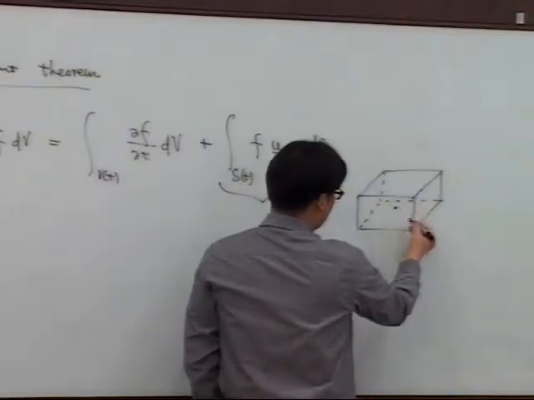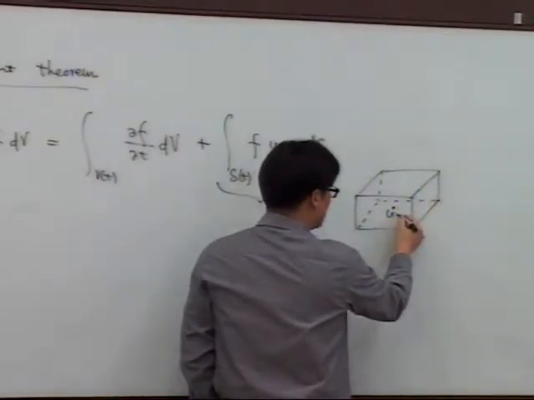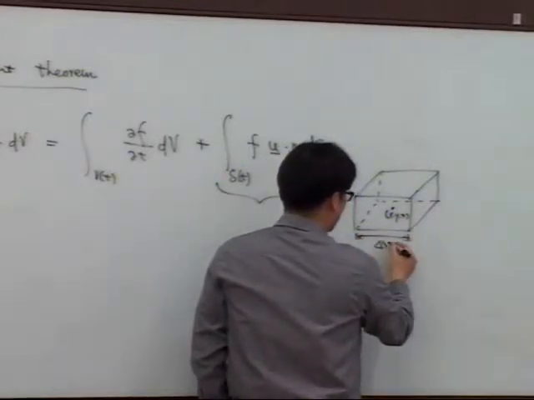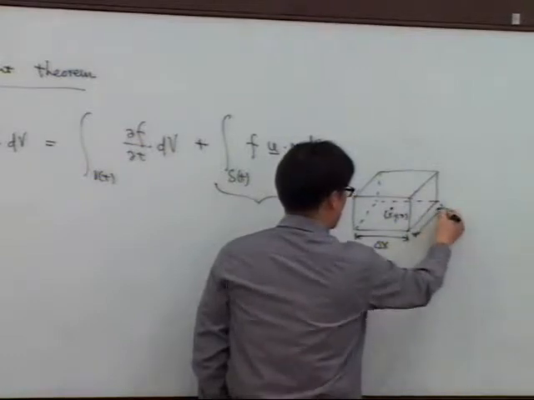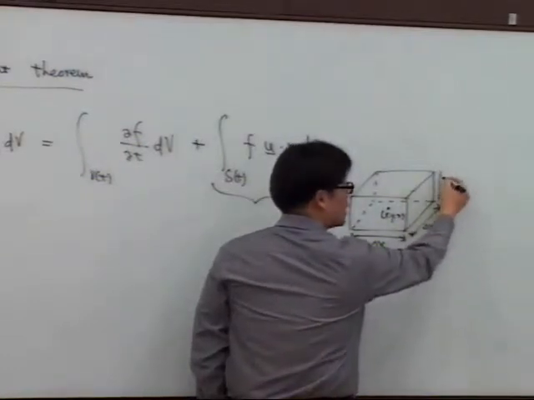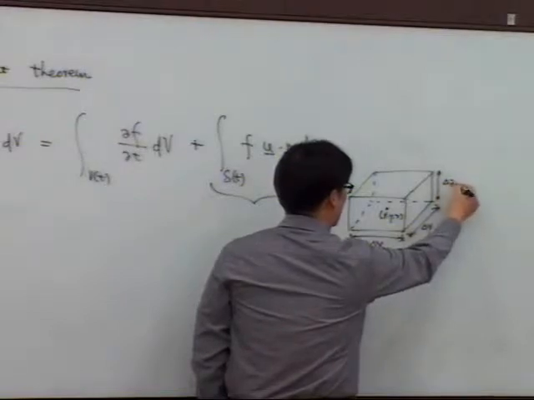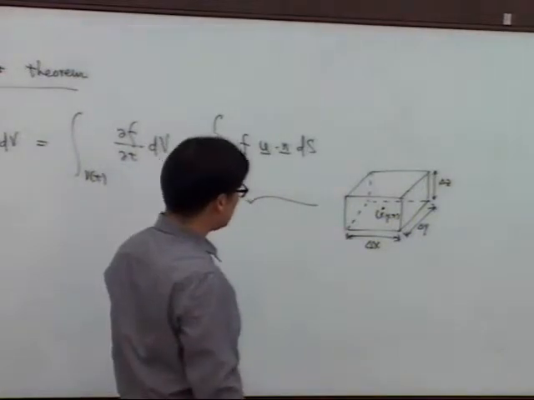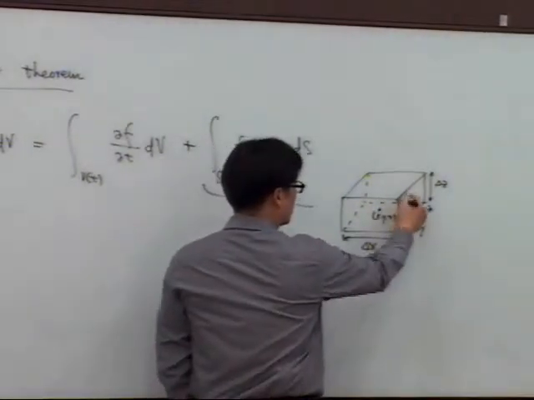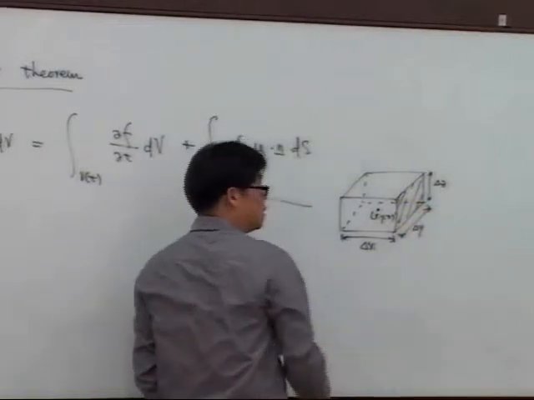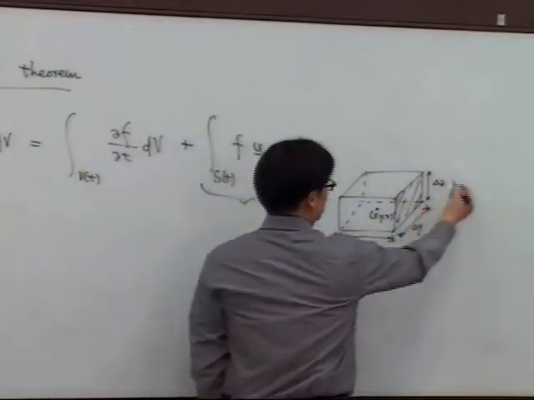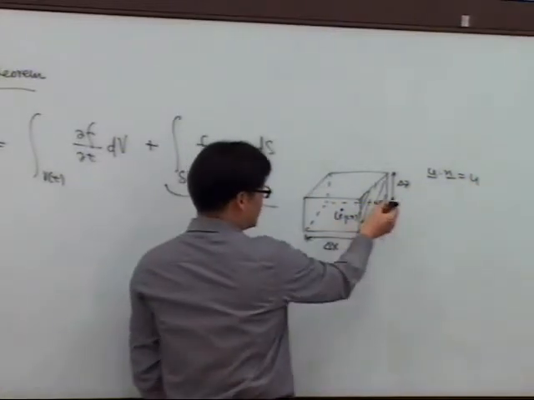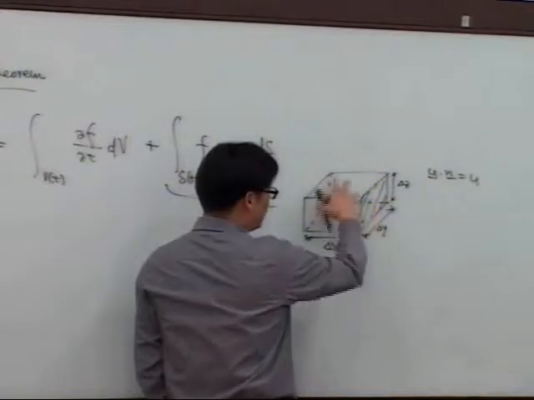And so let's say the center is located at x, y, z, and then if this is delta x and this is delta y and this is delta z, then for example, on this surface, u dot n is nothing but u, because the normal vector n is away from the fluid.